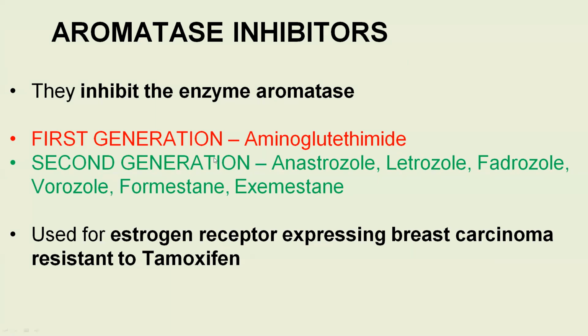Then in the second generation, we have drugs which are steroidal and others which are non-steroidal. Non-steroidal drugs in the second generation are anastrozole, letrozole, fadrozole and vorozole. Steroidal drugs in the second generation are formestane and exemestane. These are mainly used for estrogen receptor expressing breast carcinoma that is resistant to tamoxifen.